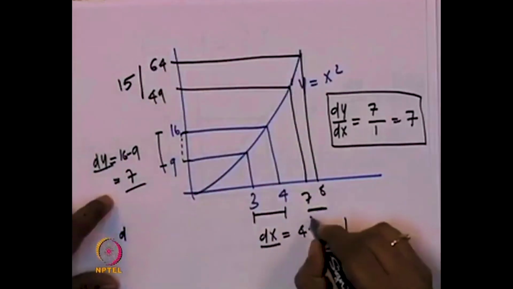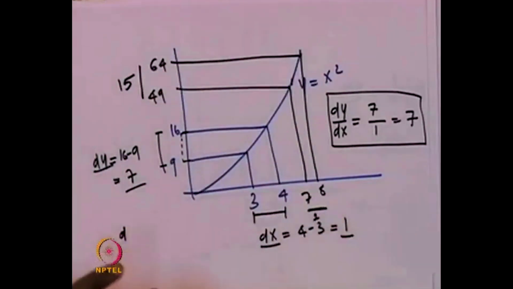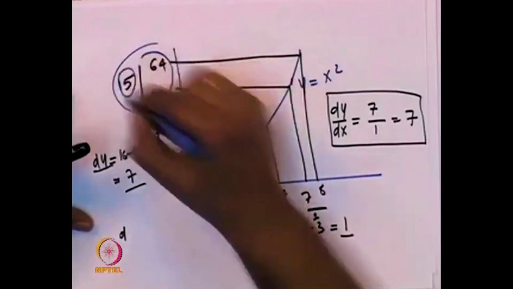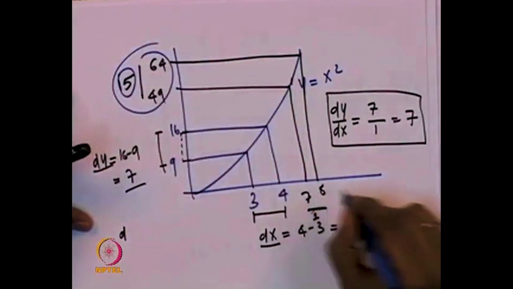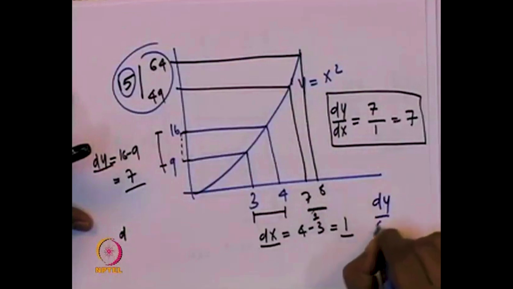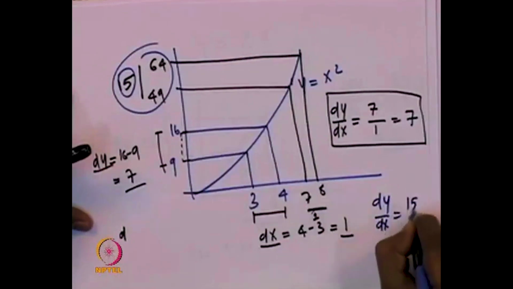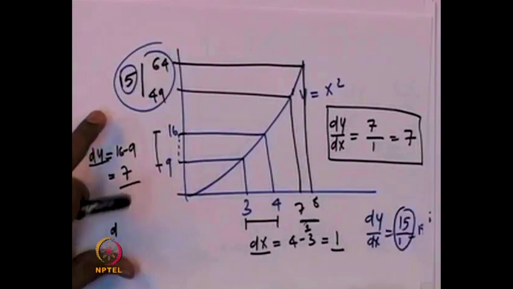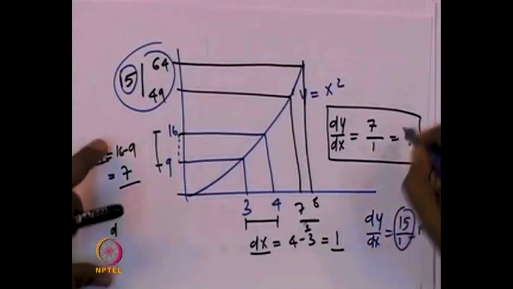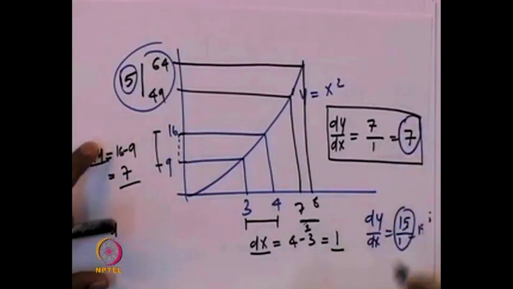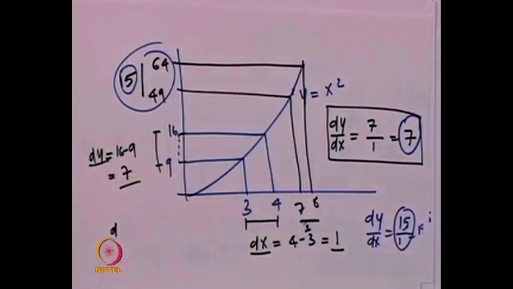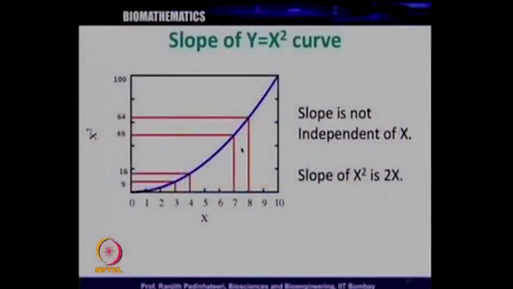So, dy by dx is 15 by 1, which is 15. So, you got 7 in the previous case and 15 here. Depending on the x value wherever you calculate, we got different answers.